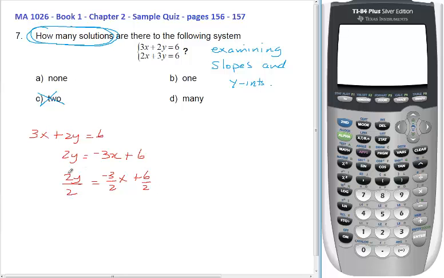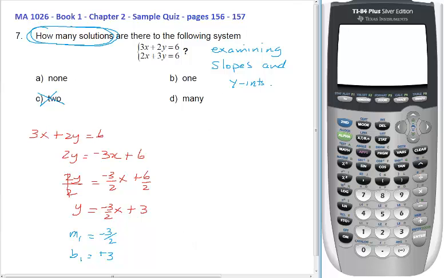Alright, should be no problem to this stage: y equals -3 over 2 x plus 3. So what's the slope here? The slope is the number in front of the x, the coefficient of the x term when it's in the form y equals mx plus b. So the slope here is -3 over 2. And the first y-intercept, we'll call it b1, is the number left over, which of course is plus 3.